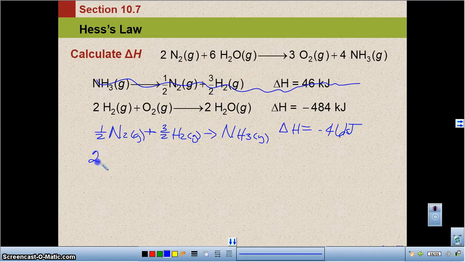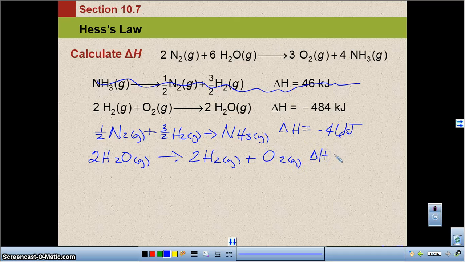So I'm going to say 2H2O gas breaks down to form 2 hydrogen gas plus oxygen gas. My delta H for this reaction is going to become positive 484 kilojoules. And I'm going to scratch this one out because I've already rewritten it in the form that I needed.